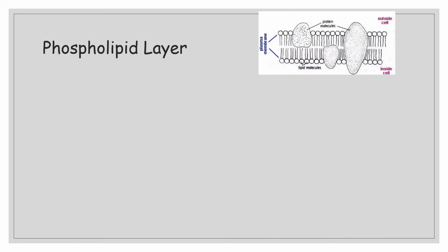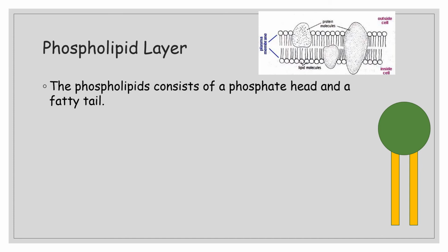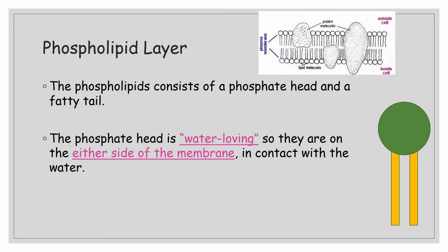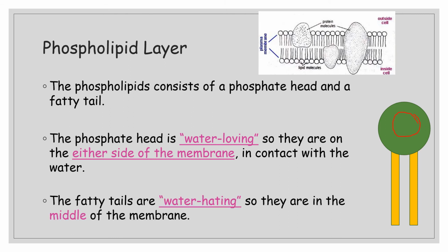So we'll go down into a further layer of detail. So here we have our phospholipid as I described in the previous diagram. The phospholipids consist of a phosphate head and a fatty tail. So this phosphate head is water-loving or hydrophilic. So they are on either side of the membrane in contact with the water outside the cell and inside the cell. And the fatty tails, so 2 fatty tails per phospholipid, they are water-hating.